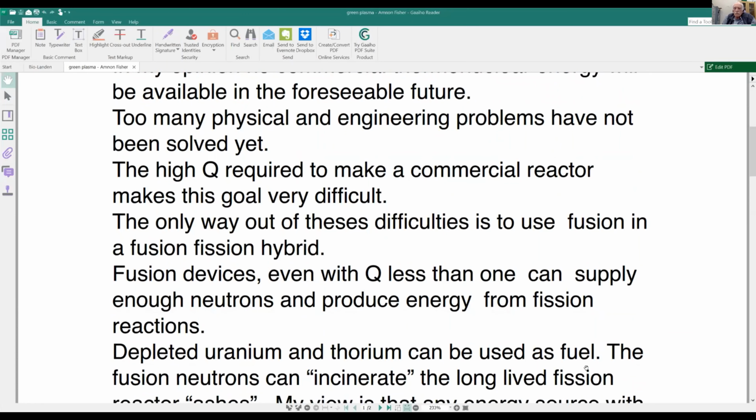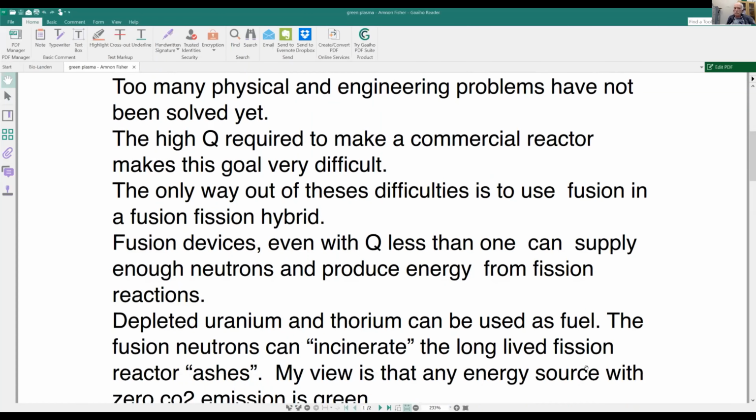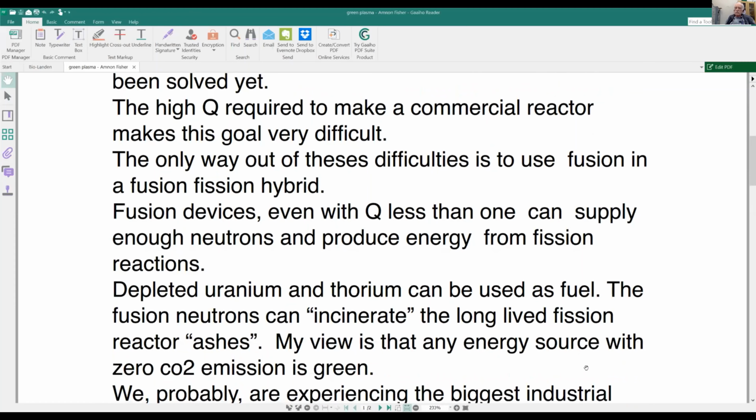The high Q required to make a commercial reactor makes this goal very difficult. The only way out of these difficulties is to use fusion as a fusion-fission hybrid. Fusion devices, even with Q less than 1, can supply enough neutrons to generate fission.